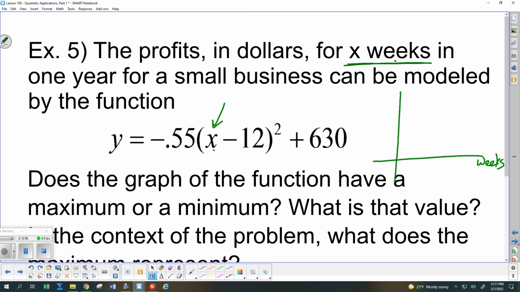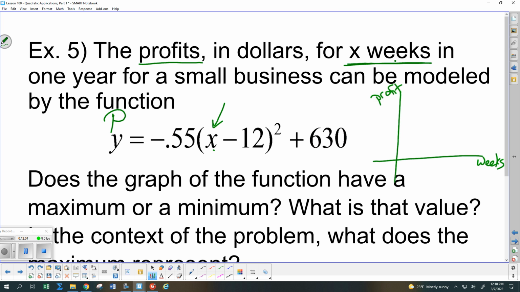They also tell us the other one, profits. So they could have put a P here for profits. So that tells us the y-axis will be profit. And you are expected to label the x and y axes with whatever words go with the problem, if it's not just an x and y like that last example. So far, so good. Okay, everybody point. Will this one open up or down?